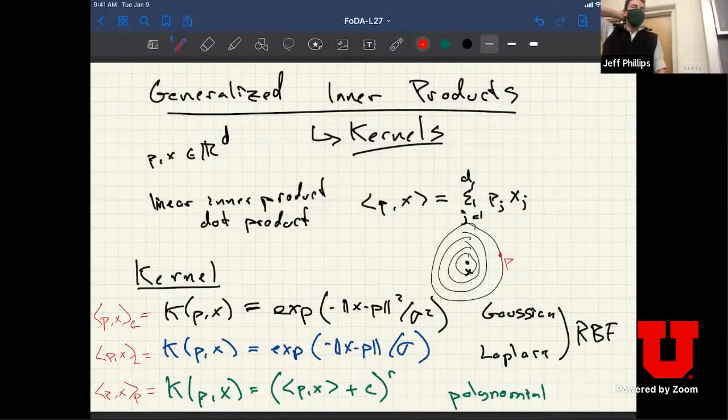Okay, so think of the big concept here, and this is true not just in nonlinear classification, which we're going to talk about, but a trick called the kernel trick is to look at an algorithm, look at all the places I use an inner product, and replace it with a Gaussian kernel.